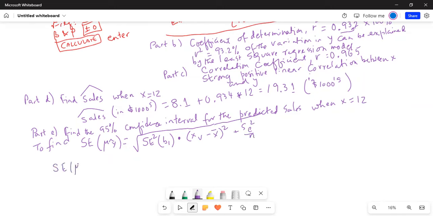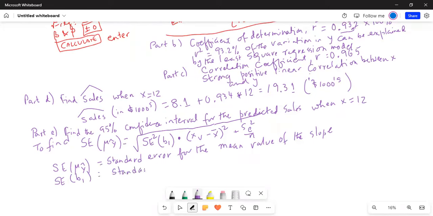SE mu y is the standard error for the mean value of y. SE B1 is the standard error for the slope. SE is the standard deviation of the error.